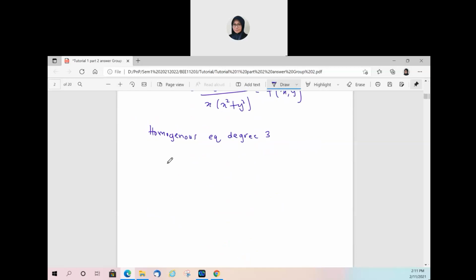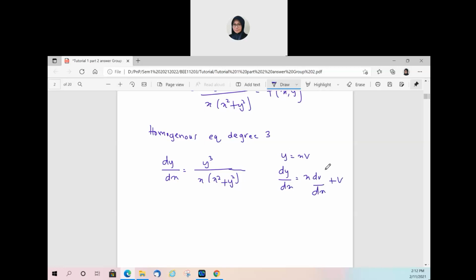So I write back dy over dx equals y over x. So to solve homogeneous equations, you have to replace y with xv and dy over dx with x dv over dx plus v.